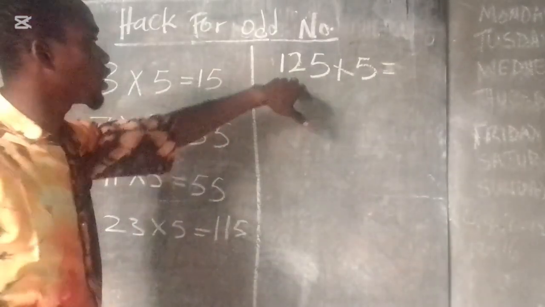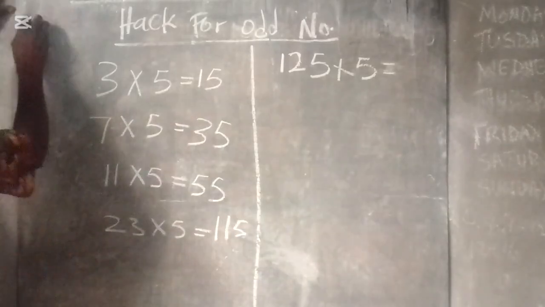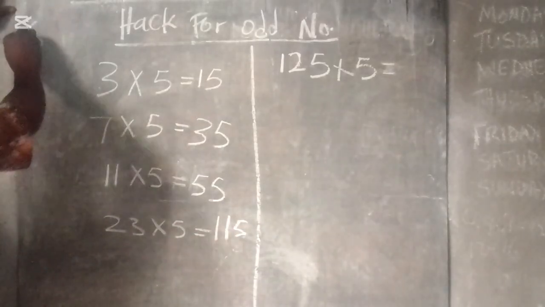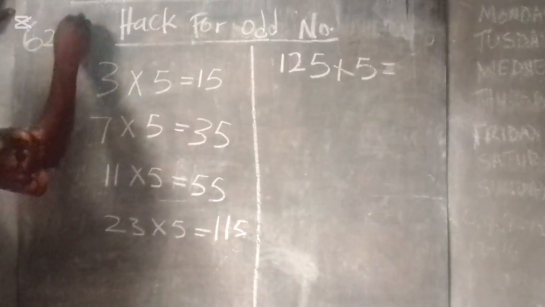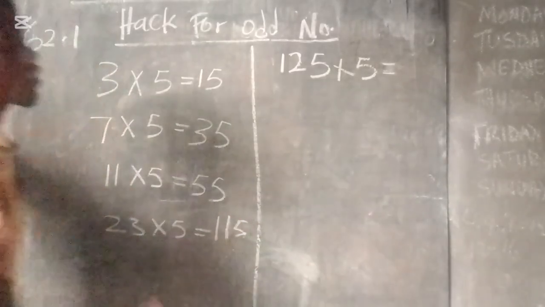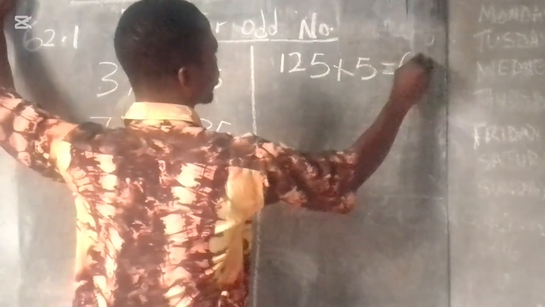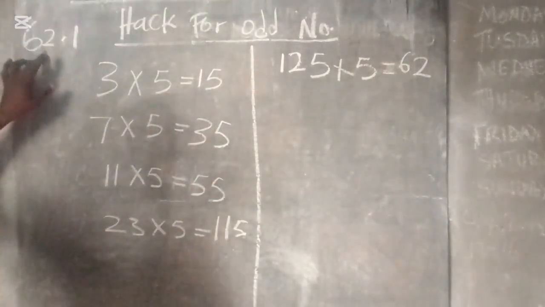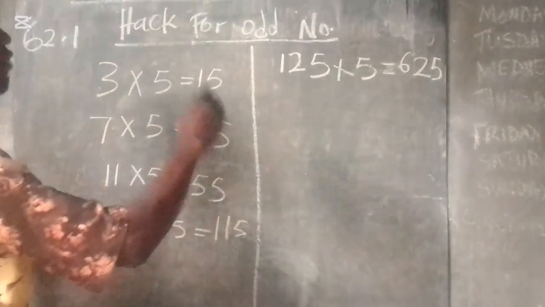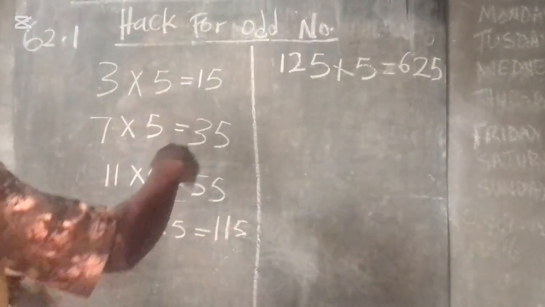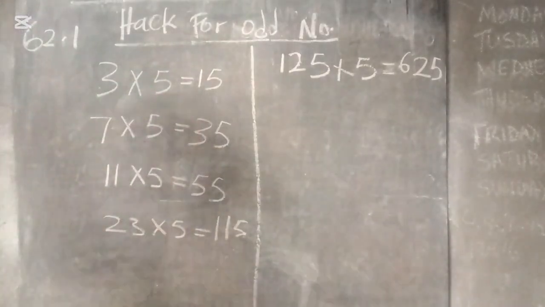Half of 125 is 62.1. I'll write down my 62 and add 5 to it. So 125 times 5 is equal to 625.